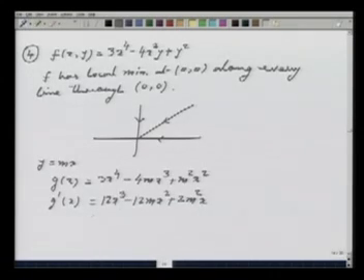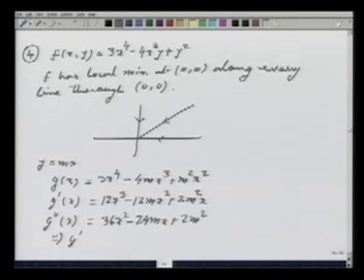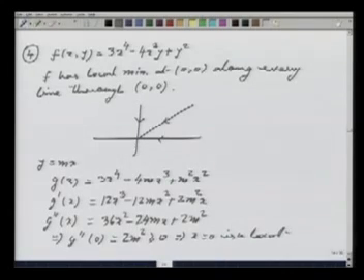This certainly means that 0 is a critical point because I can take x common. Then g double prime(x) is 36x squared minus 24m x plus twice m squared. So g double prime at 0 is twice m squared, which is bigger than or equal to 0. This implies x equal to 0 is a local minimum, and hence (0, 0) is a minimum of the function along the line y equal to mx.